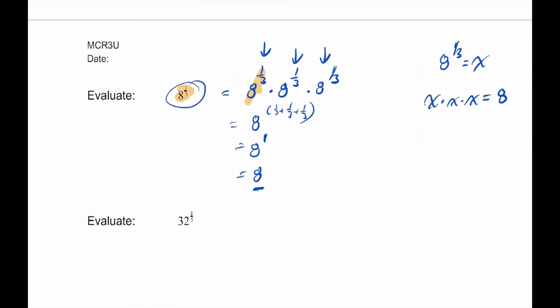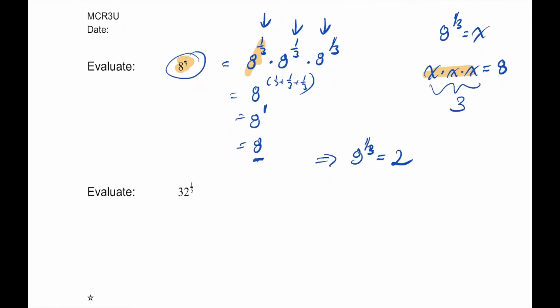So x is what number multiplied by itself 3 times equals 8. We know that it's going to be 2 times 2 times 2, that's going to equal 8. So that's what we discovered, that 8 to the power 1/3 is equal to 2.